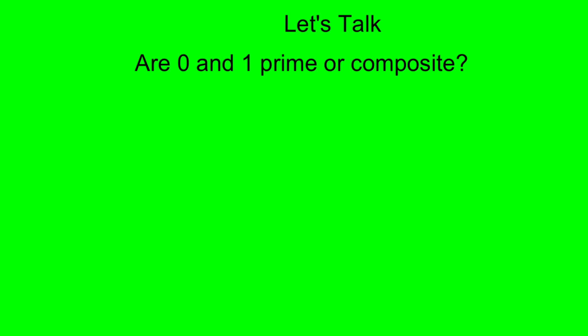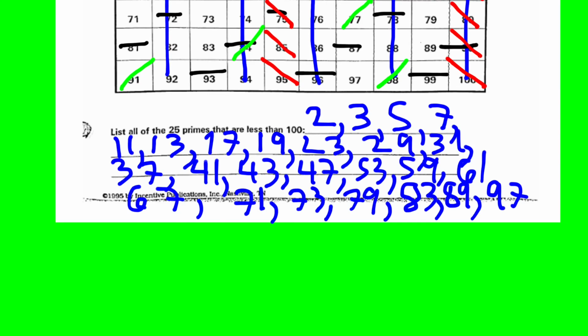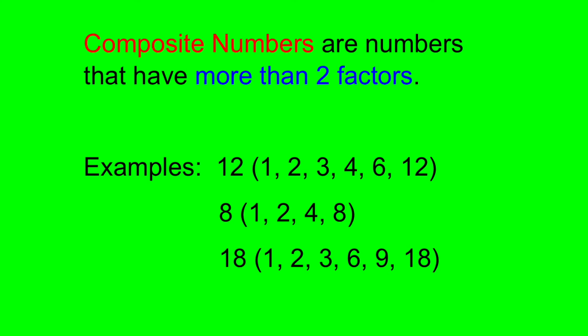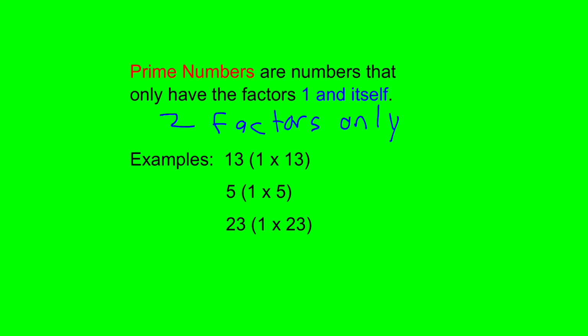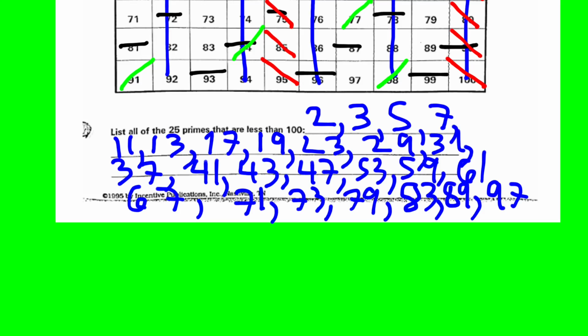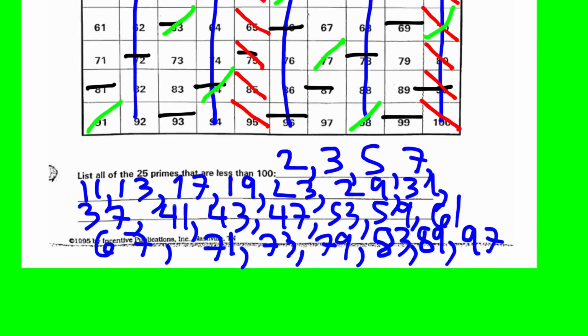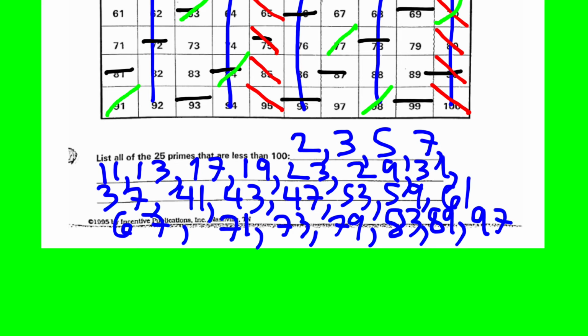Now, we should recall, if we go back in time, that a composite number has more than two factors, and a prime number has the factors of one and itself. It only has two factors. One of the activities we had done recently was the sieve of Eratosthenes to find all the prime numbers less than 100.